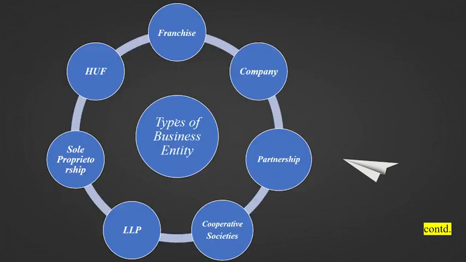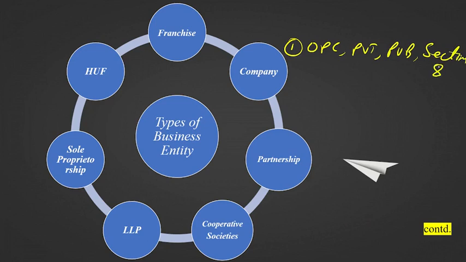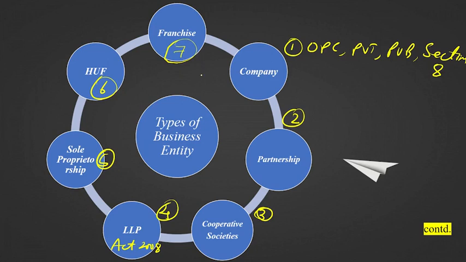So types of business, you have many. The first one, most common, the company. In company we have one person company, private company, public company, section 8 company, correct? Then we have partnership firm under the Indian Partnership Act 1932, cooperative societies, limited liability partnership under the LLP Act of 2008, sole proprietorship concern, the most common type of business, very common, Hindu undivided family for Hindus, and franchisees.